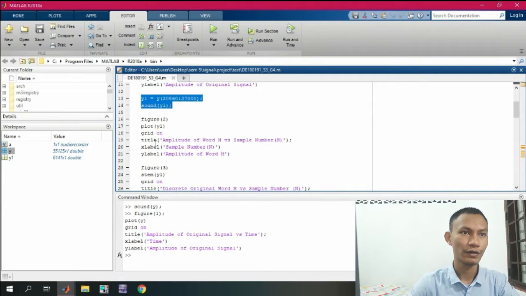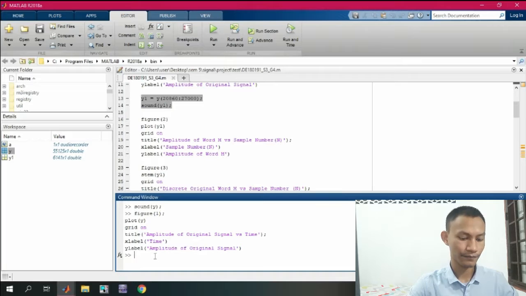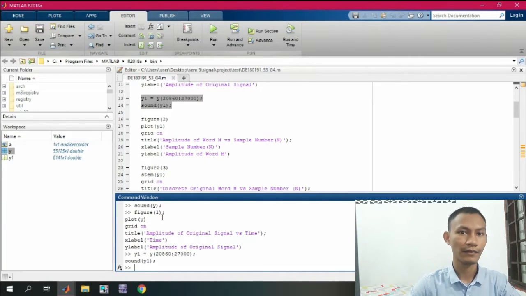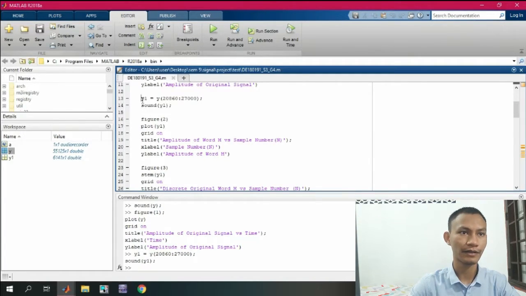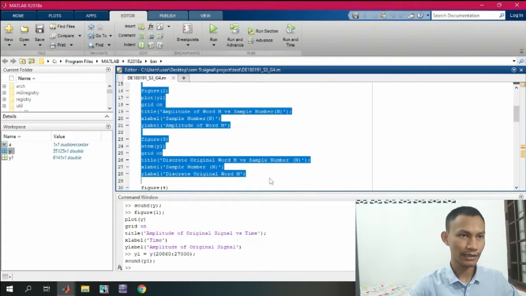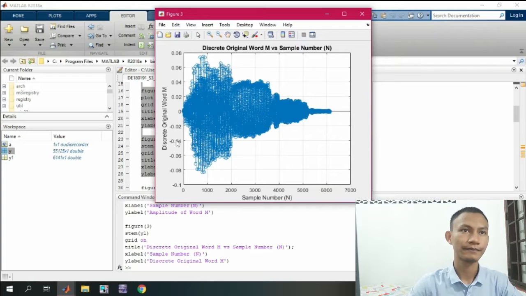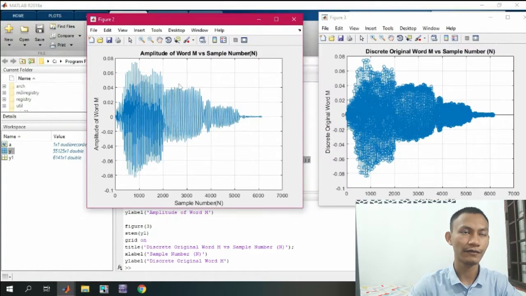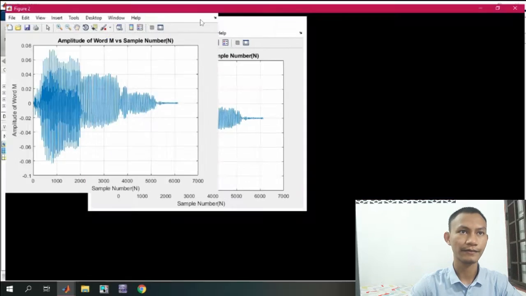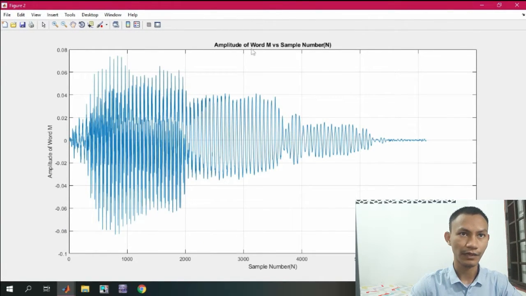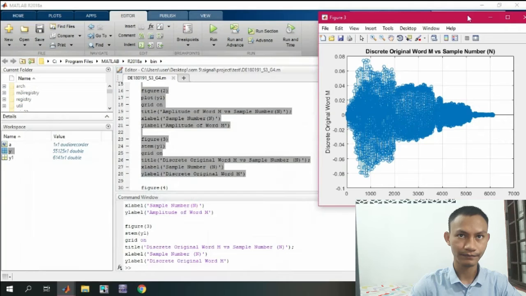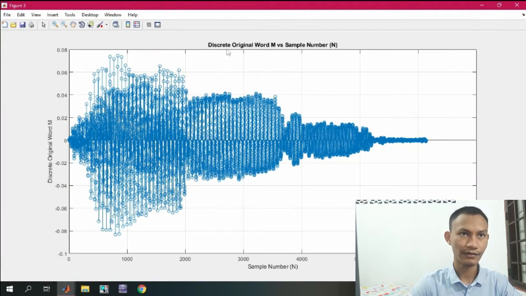Okay, this is for the original audio, and this coding is for retrieving the word M from the original audio. So we can hear the sound M. Again this includes the graph of word M. This is for the sinusoidal, and this is the graph in discrete, word M versus sample, and discrete original word versus sample.